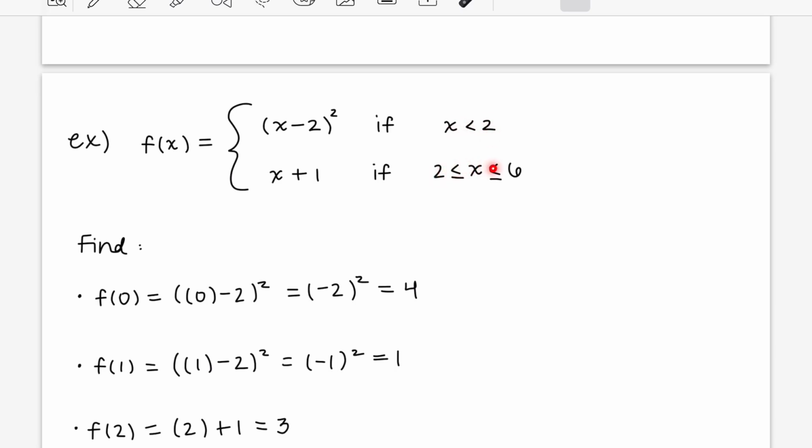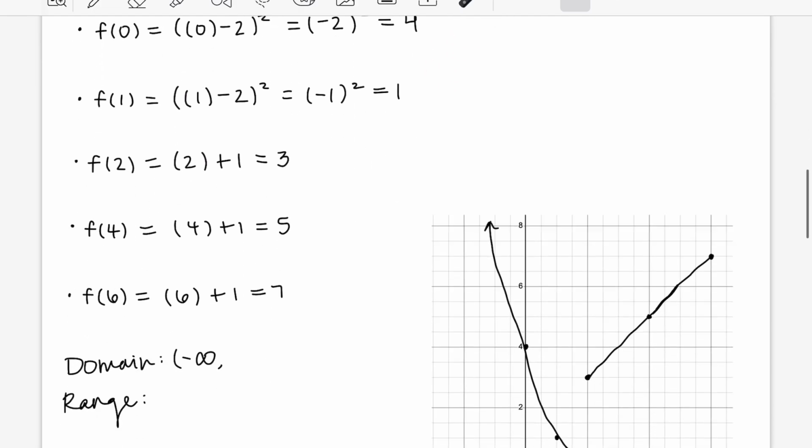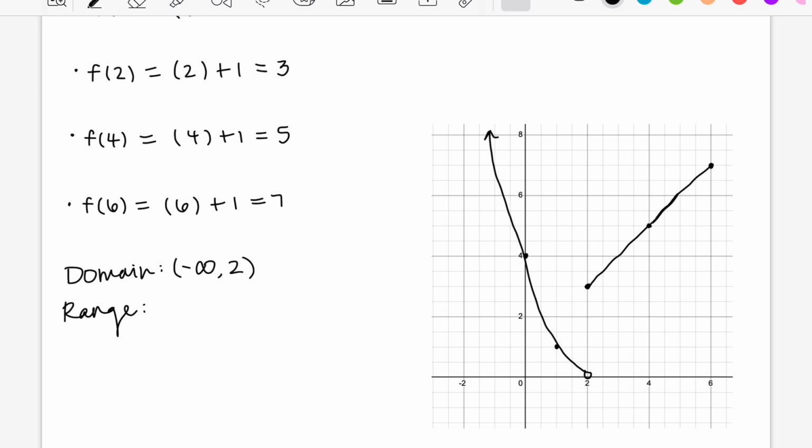However, we also have this region here. So all of these x values in between 2 and 6 and including 2. So you might want to write it like this. We have negative infinity up to but not including 2, and then union this region including 2 up to 6. We can also write this as negative infinity up to 6.